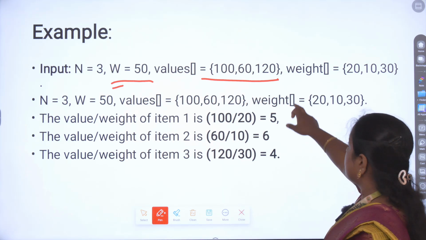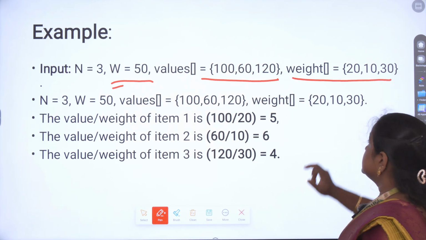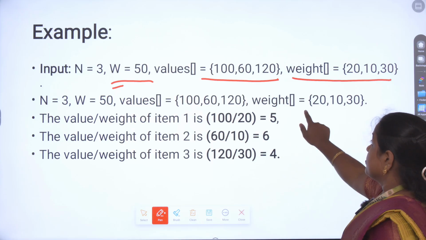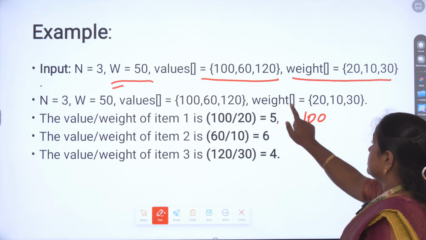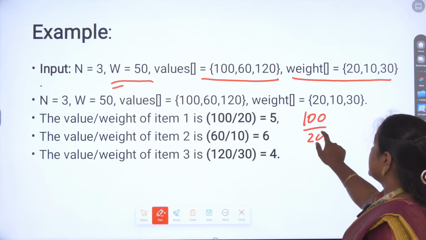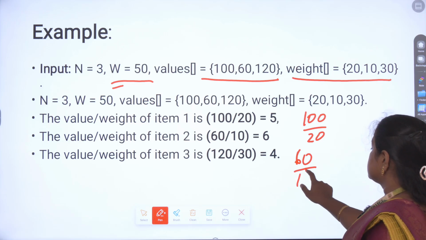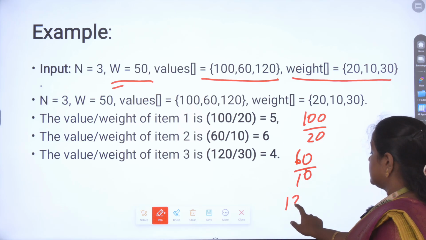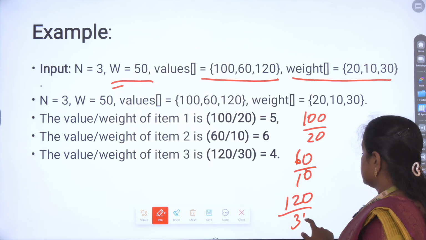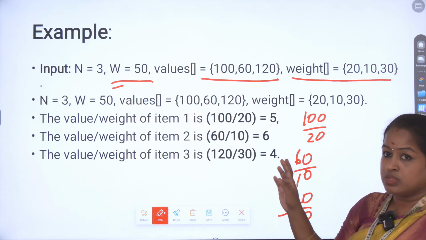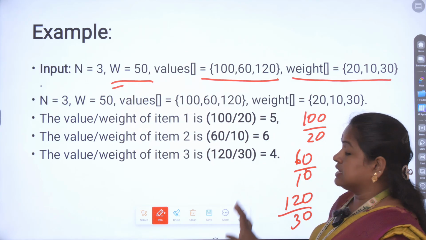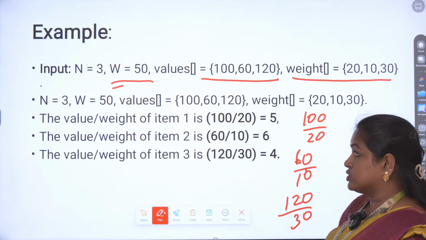The weights for these values are 20, 10 and 30. So for value 100 the weight is 20, for value 60 the weight is 10, and for value 120 the weight is 30. So this is the value and weight given, and we have n equal to 3.